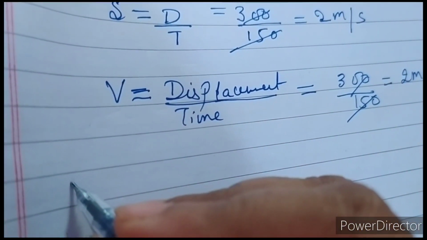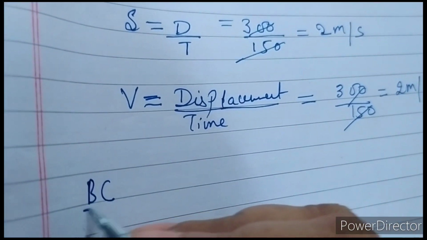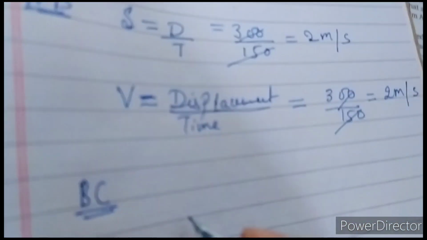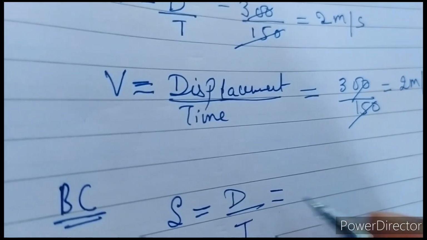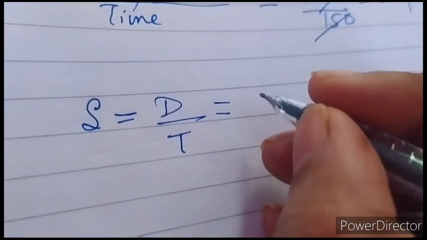Now for the second part, that is from B to C. Now from B to C, the speed is again equal to total distance upon total time. Here total distance is 300 plus 100, that is equal to 400.